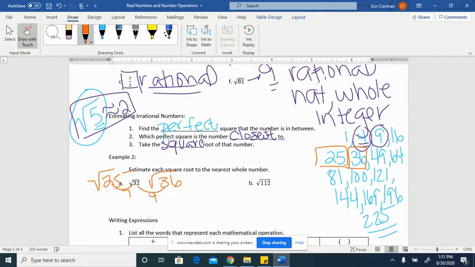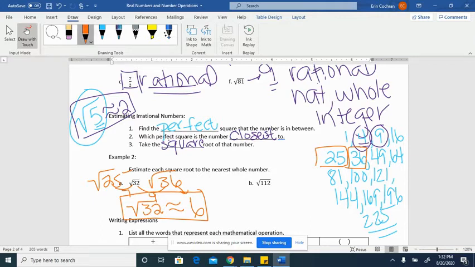So which one is it closest to? It's closest to 36. So we're going to say the square root of 32 is approximately, what's the square root of 36? 6. So that would have been like 5.6, 5.7, so that we would round up to 6.